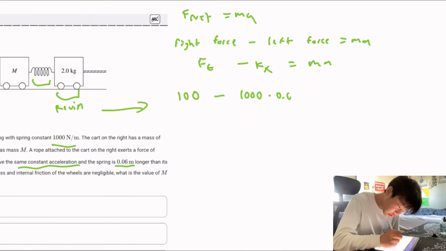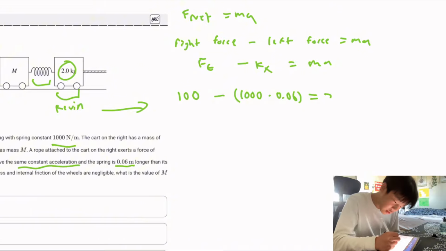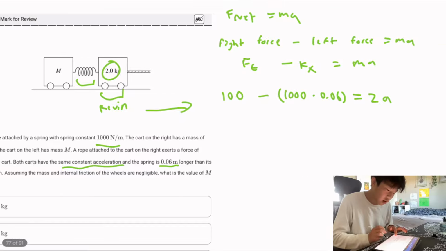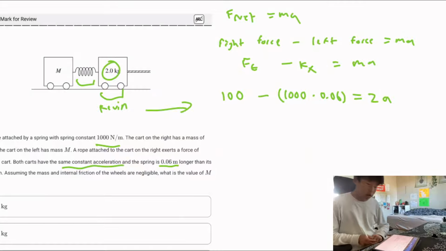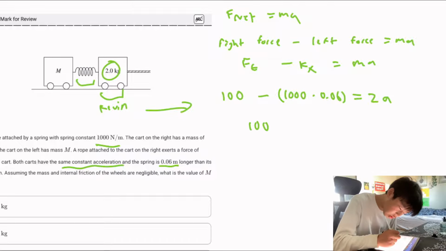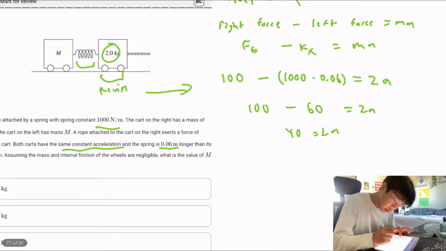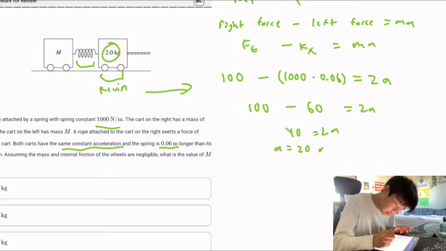Equals the mass, which they also give, times the acceleration. The acceleration we're not given. So 1,000 times 0.06 is 60, so 100 minus 60 equals 2a. That's 40 equals 2a, which means a is equal to 20 meters per second squared.